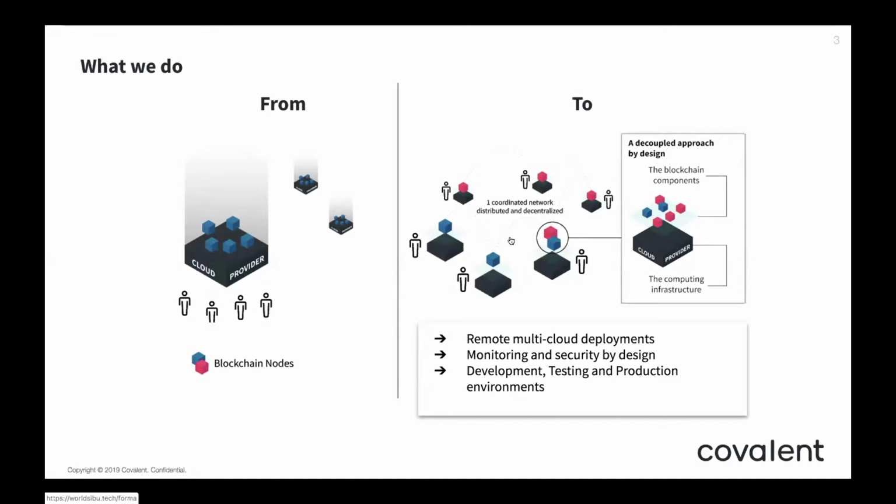And we move away from that to manage remote environments. We do remote deployments, so each of the participants can have their own blockchain, their own cloud provider, and host the blockchain components in different cloud providers to communicate with them. So we basically decouple the blockchain components from the computing infrastructure. So on the day of tomorrow, if you want to just move away from your current cloud provider, you can do so without having to lose all your network connections.